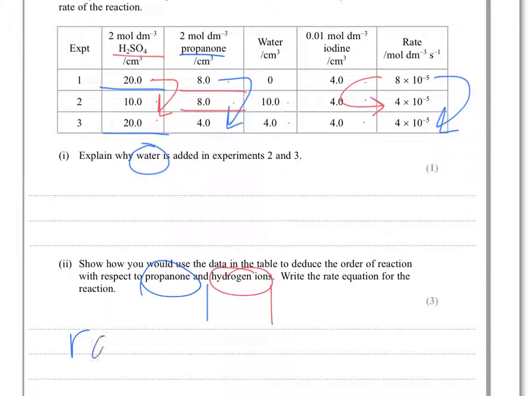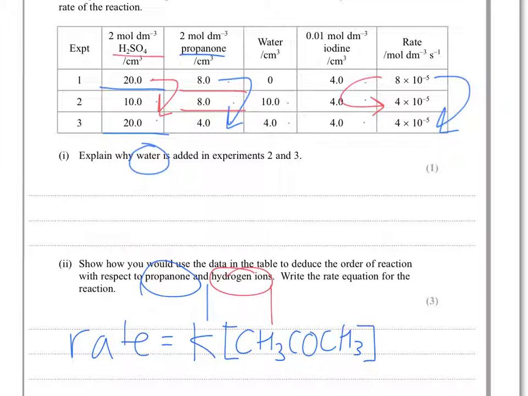This means that our rate equation is rate equals k, the rate constant, multiplied by our propanone concentration, CH3COCH3, first order, so it's only to the power 1, multiplied by our H+ concentration, again to the power 1.